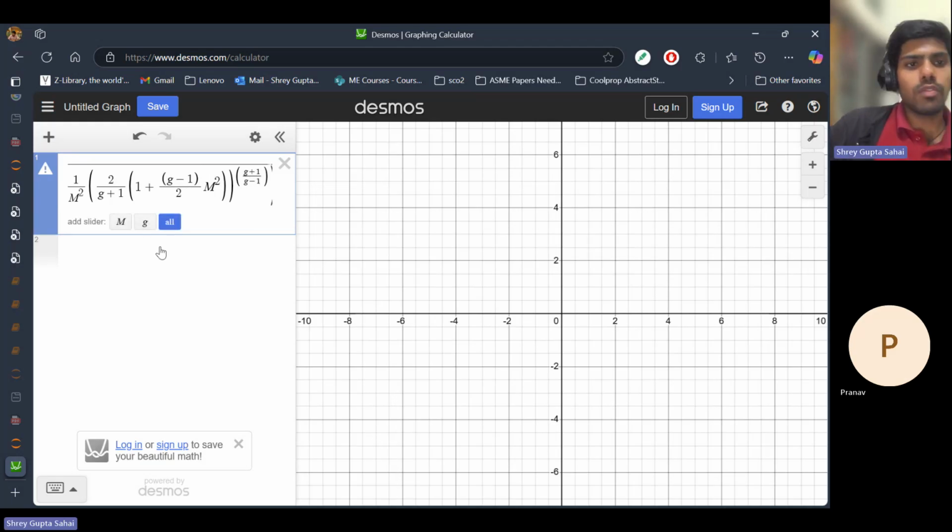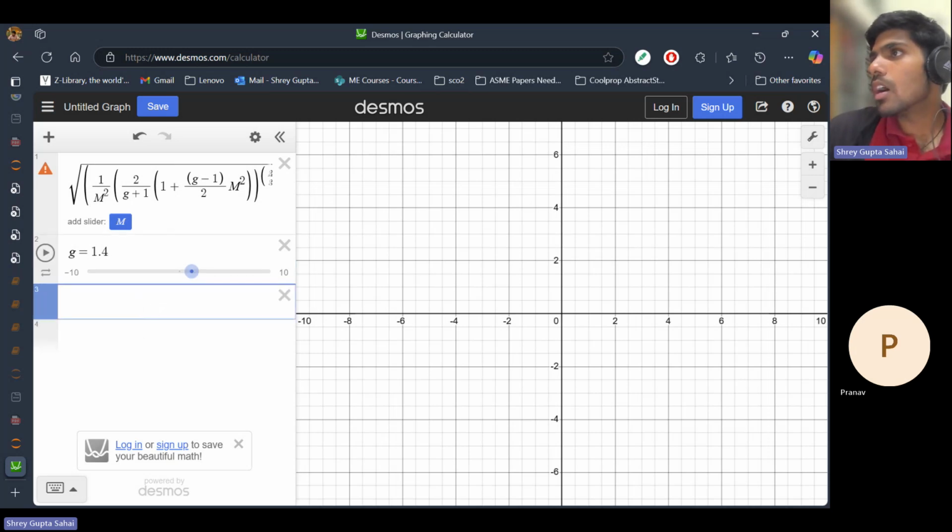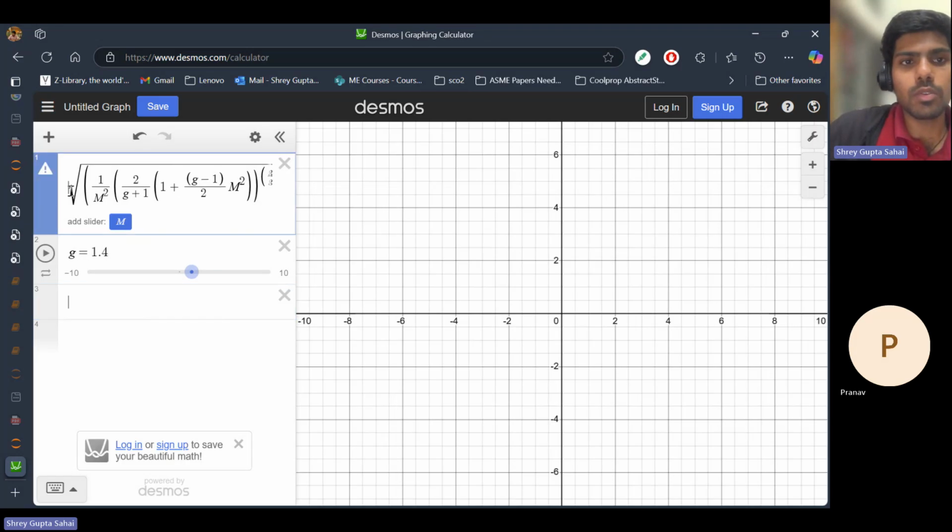I'll take a gamma value of 1.4. I'm not going to plot it, that's why I wrote M square, not x square, otherwise it will get plotted. The area ratio given to us is 6. We want the Mach number corresponding to 6.